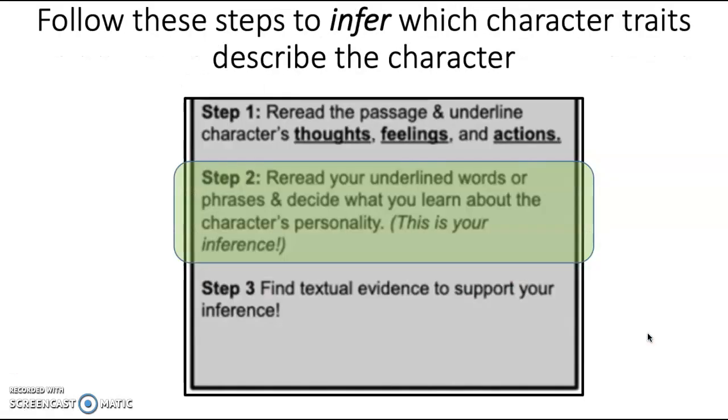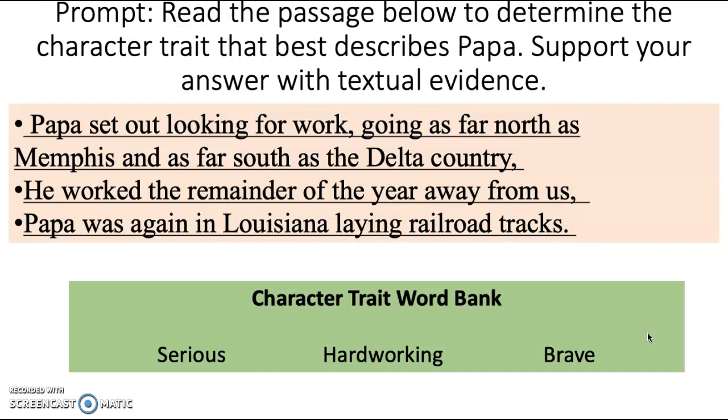So step 2 is to reread those underlined words and phrases and decide, what do we learn about the character's personality? This is going to be our inference that we will find evidence for later. So in this pink box, you can see are underlined phrases that show Papa's thoughts, feelings, and actions. All right, so I'm just going to think through. He set out looking for work, going as far north as Memphis and as far south as the Delta country.